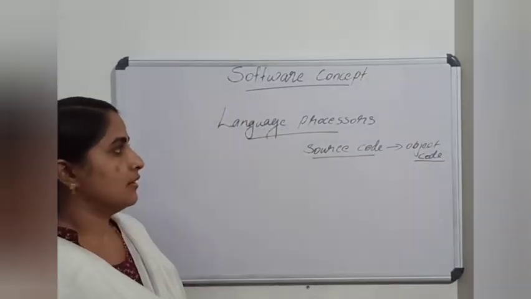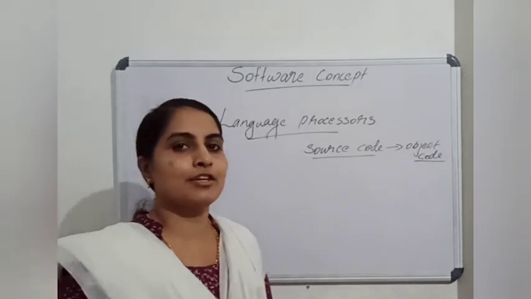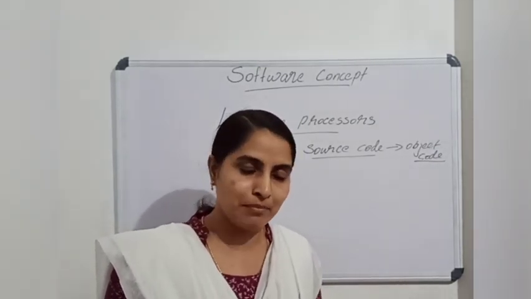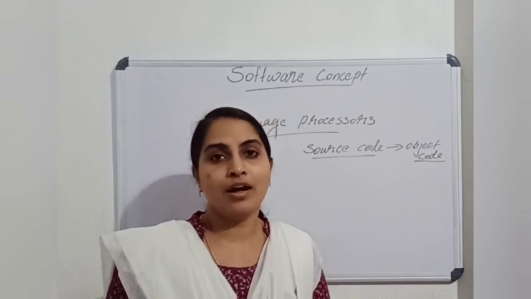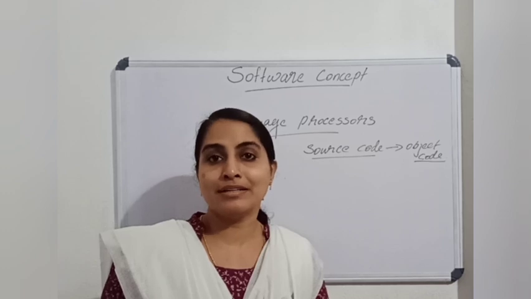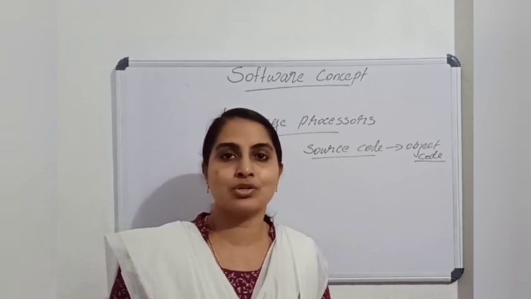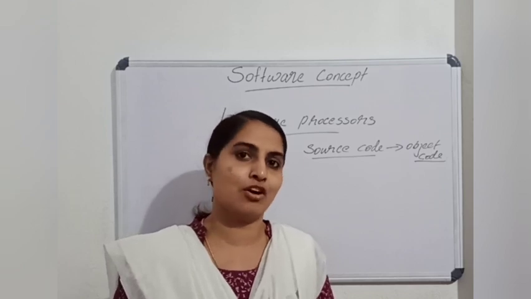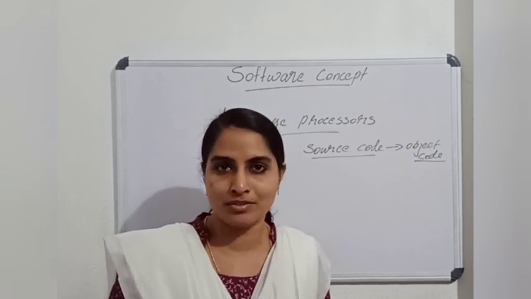I said at the very beginning there was only machine language, then later programmers developed assembly language, then after all high level language too. But inside the computer, the data is stored in the form of only binary digits. That is not changed. That we cannot change.